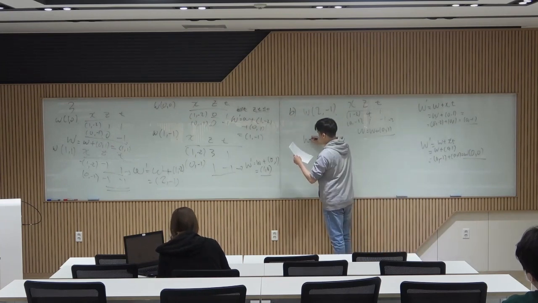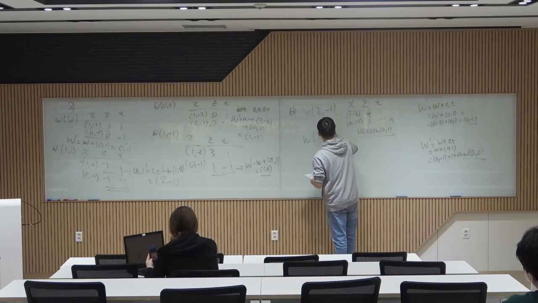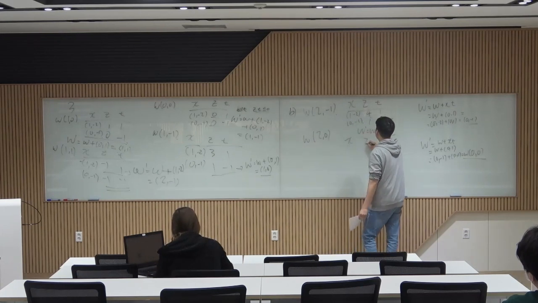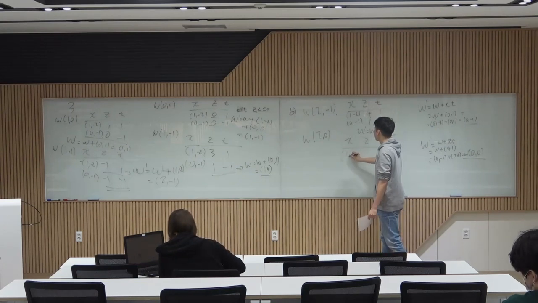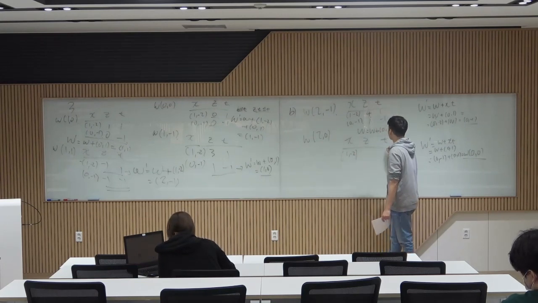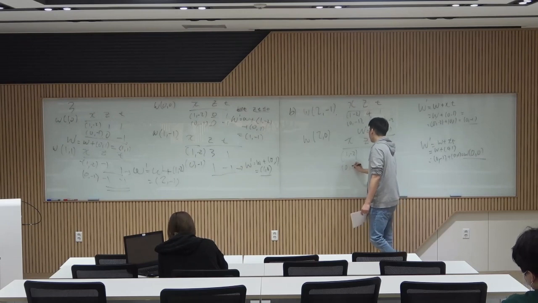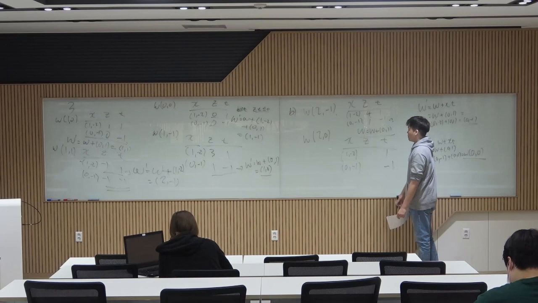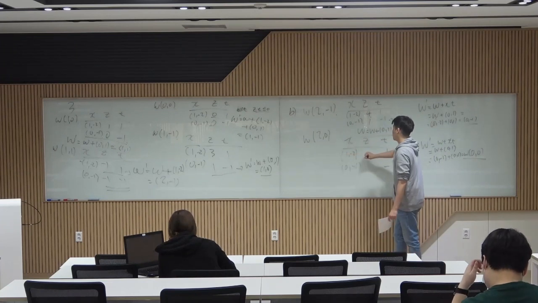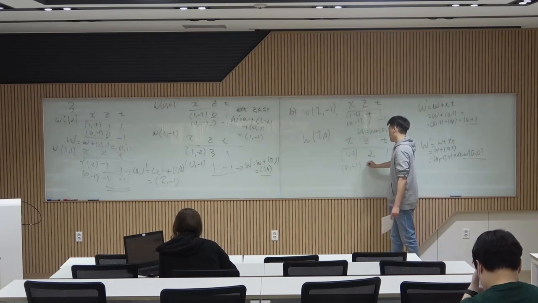So our next point is 2, 0, and again. Now we have 2 over here, and we have 0.